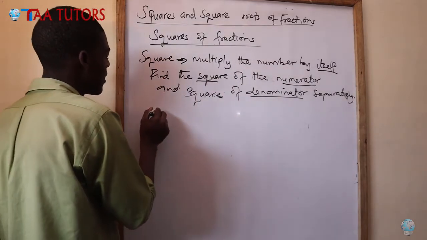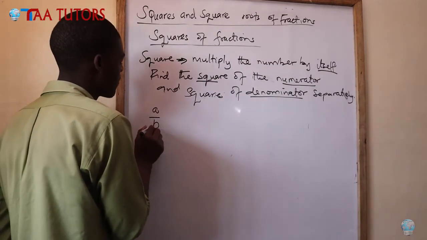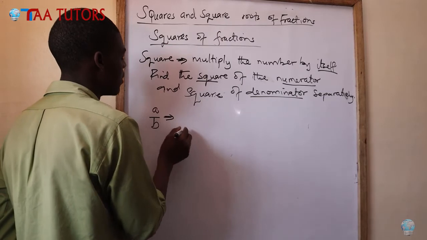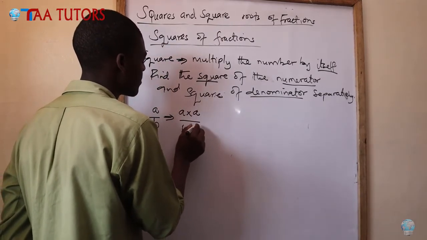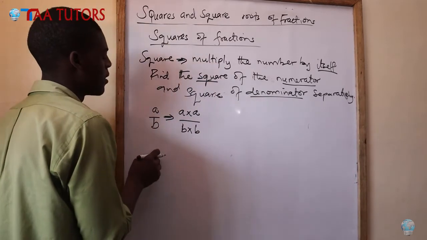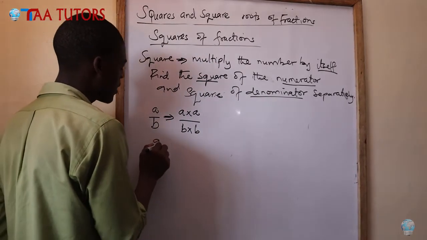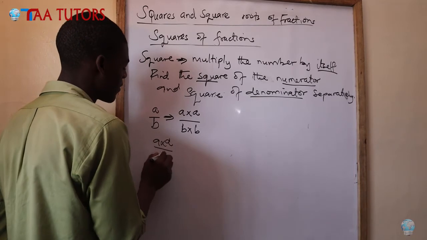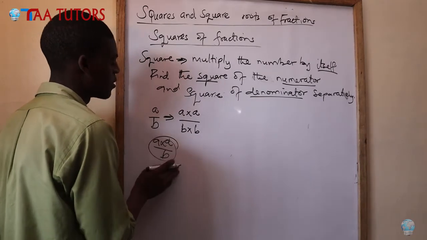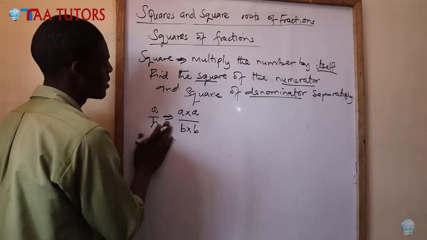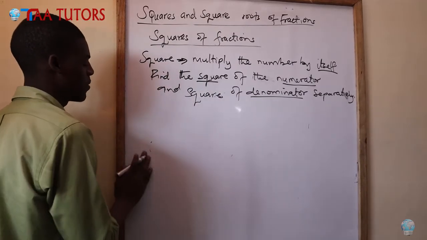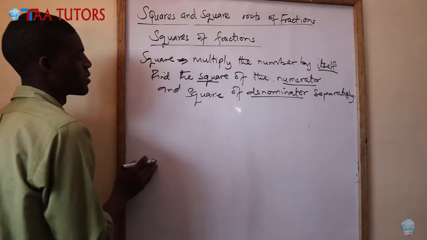When you have, let's say, a over b, this is what we do. You'll find a times a over b times b. You'll find other people doing a times a over b. This is not the square of a fraction. We must do the denominator and the numerator separately, so that whatever we are getting is the square of both ends.